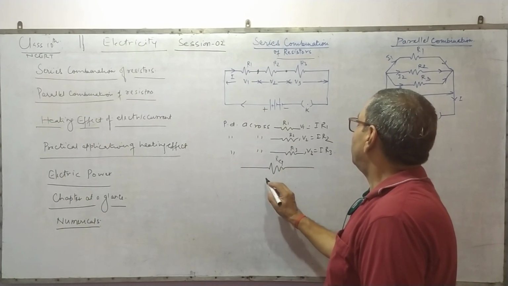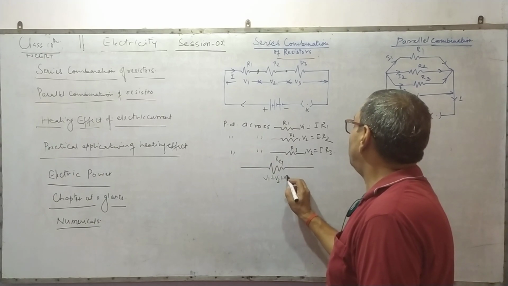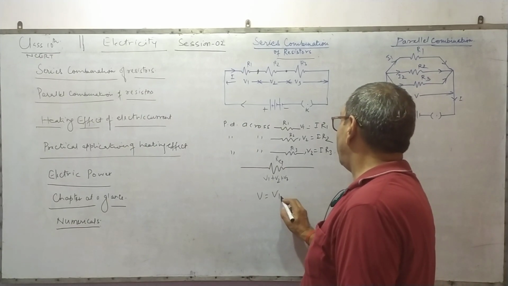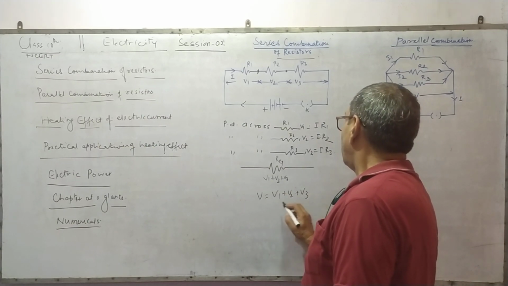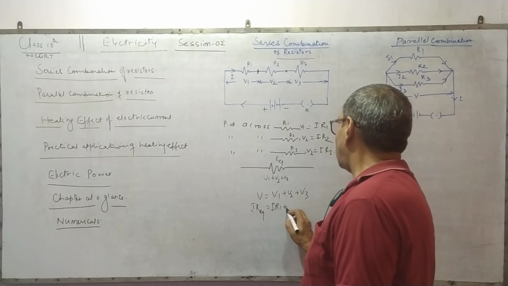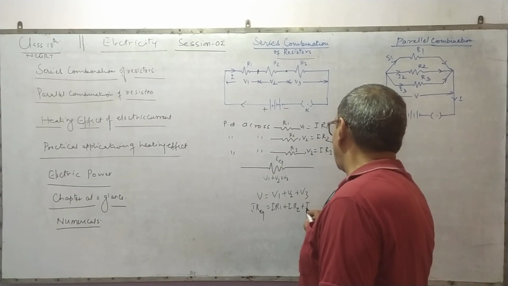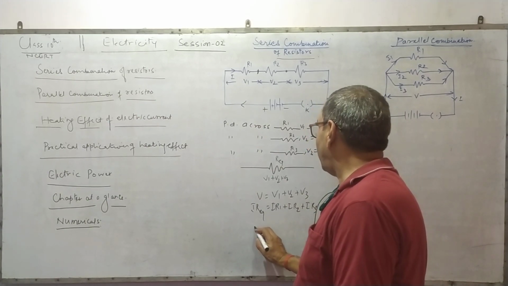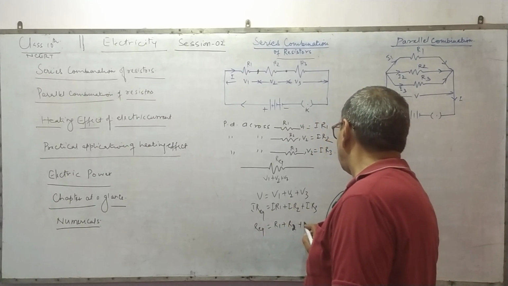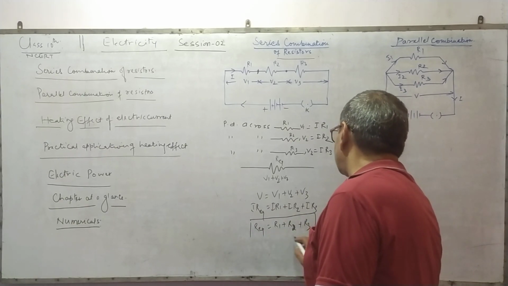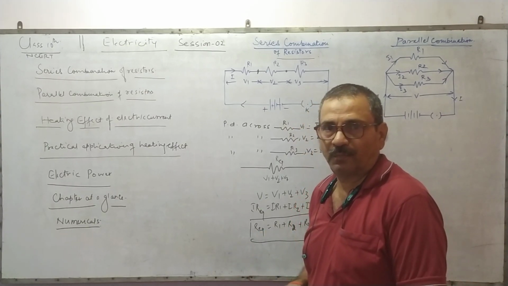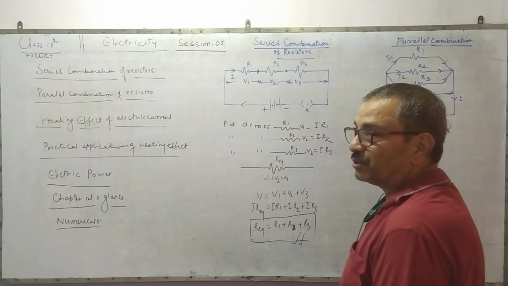Total voltage drop is V equals V1 plus V2 plus V3. I into R equivalent equals I into R1 plus I into R2 plus I into R3. R equivalent equals R1 plus R2 plus R3. This is the formula to find equivalent resistance in case of series combination.